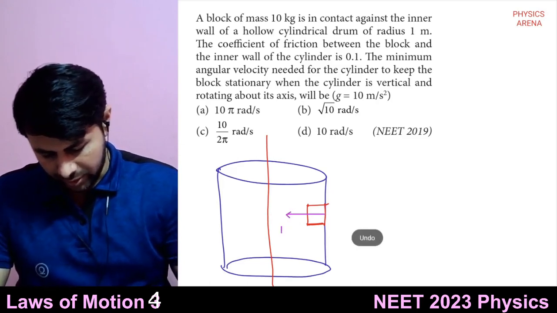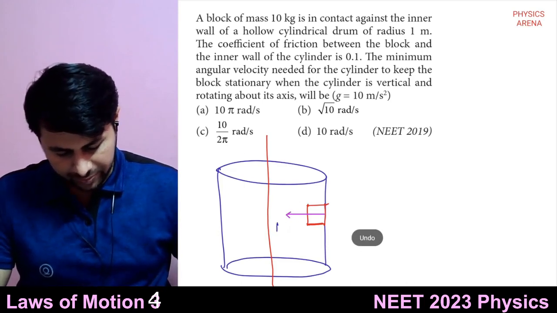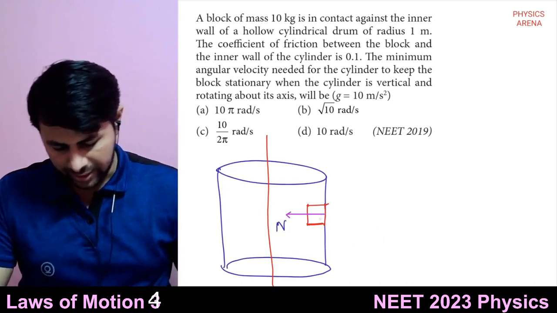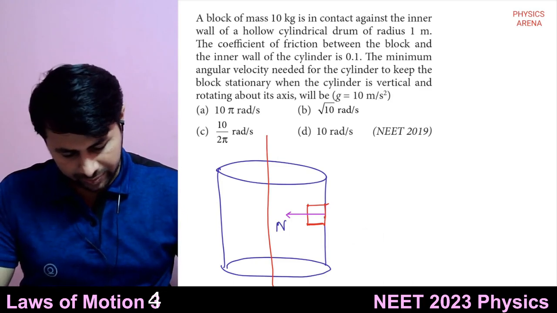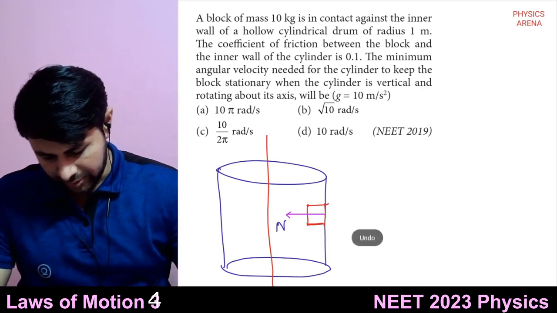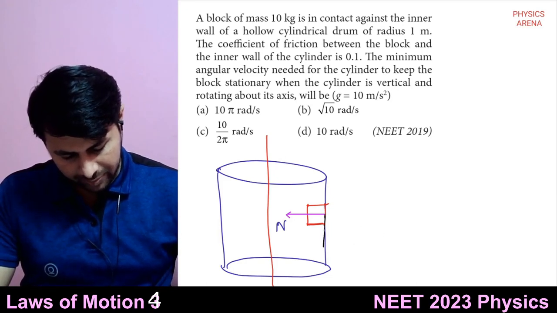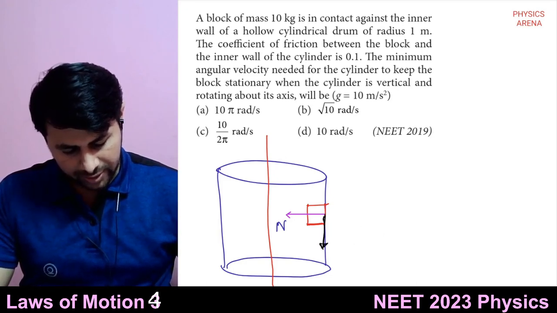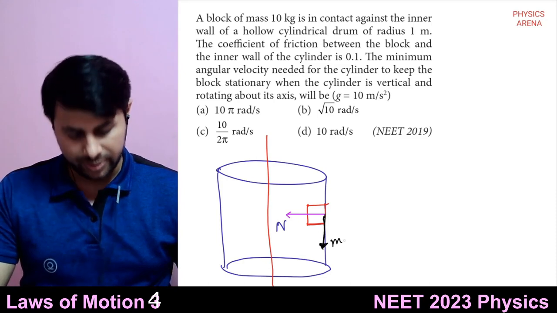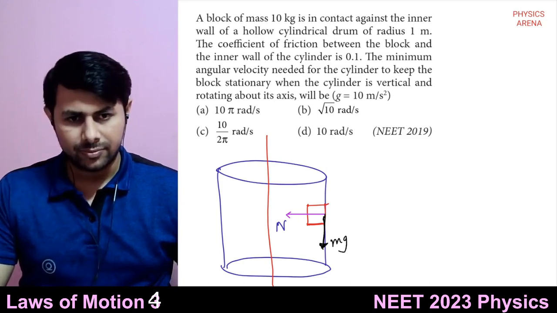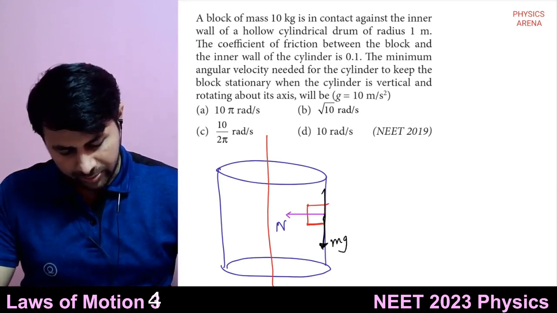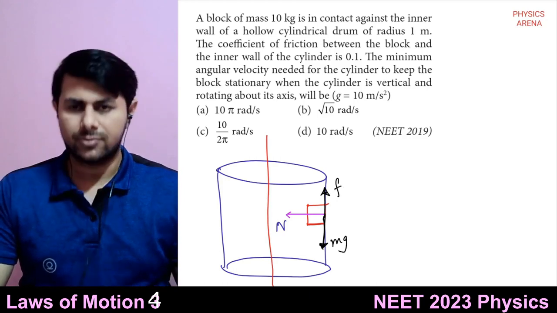What are the other forces acting on it? One will be the gravitational force acting downwards, and since it doesn't fall, there would be a frictional force acting upwards.